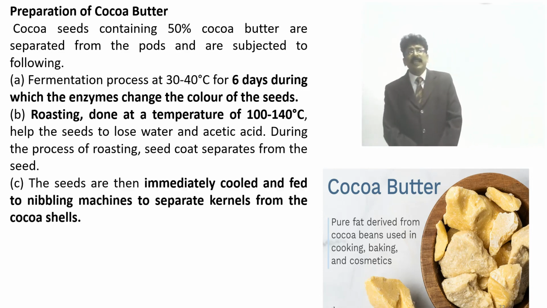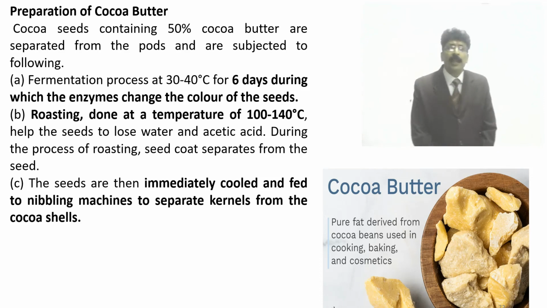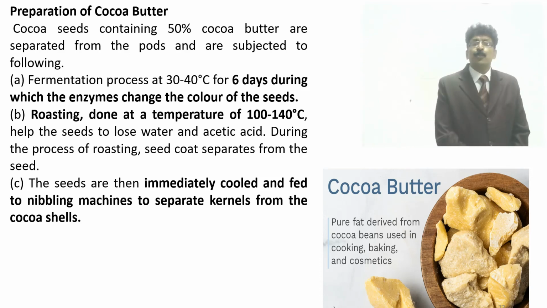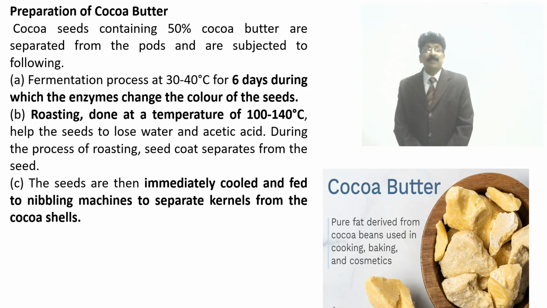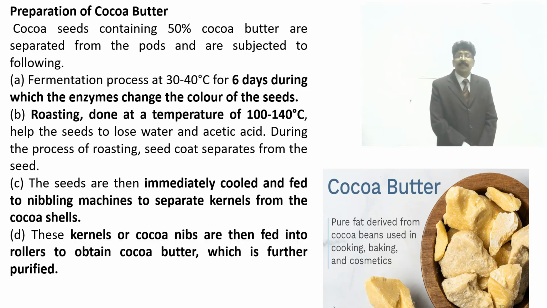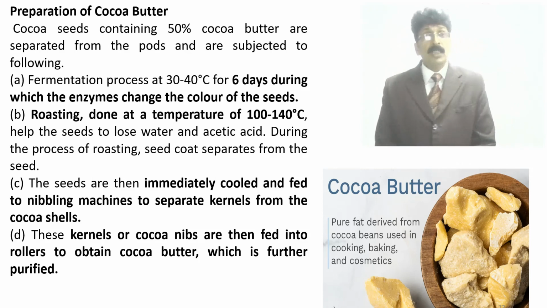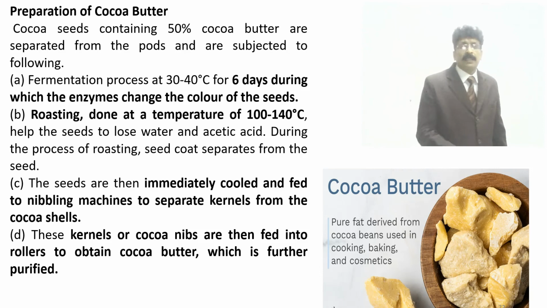The seeds are then immediately cooled and fed to nibbling machines to separate kernels from the cocoa shells. These kernels, the cocoa nibs, are then fed into rollers to obtain cocoa butter, which is further purified.